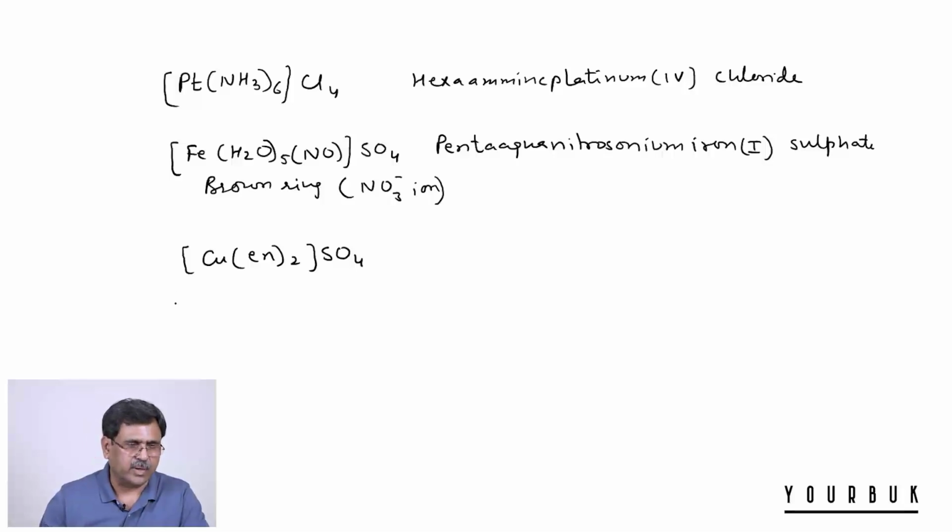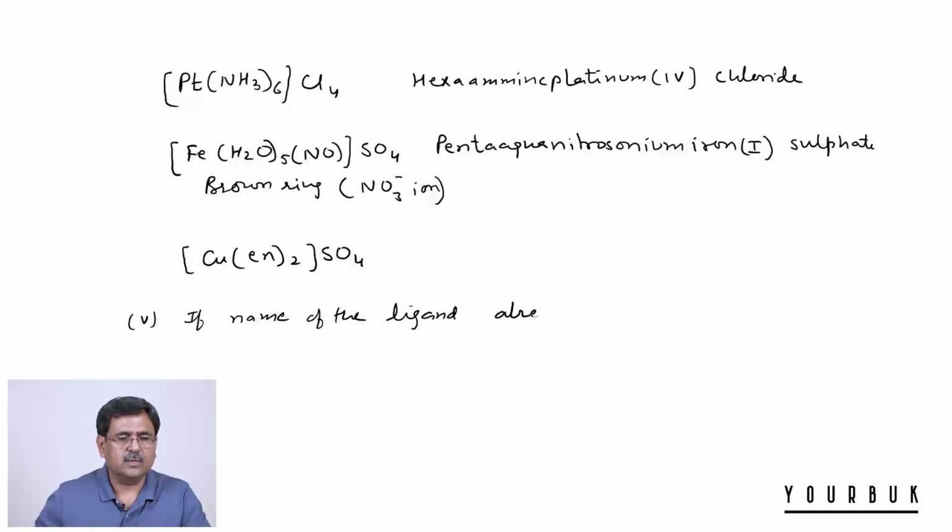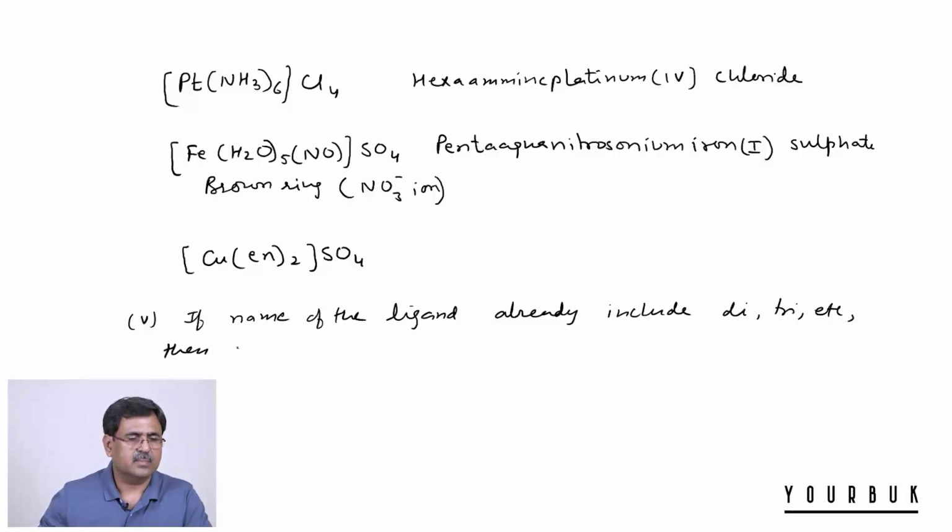So now the rule number 5. If the name of the ligand already includes di, tri, then we cannot use di, tri, tetra as a prefix.